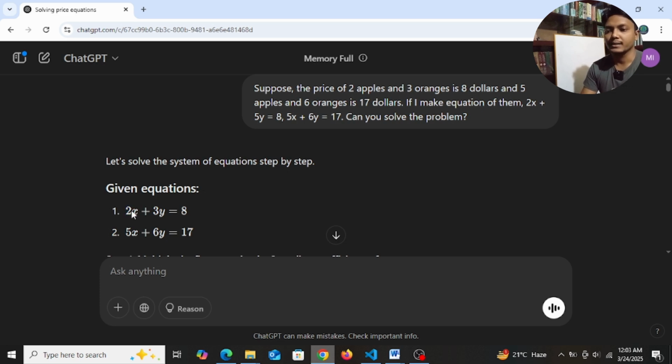We will buy the same number of apples and oranges from both stores, 2, 3, 5, 6. We will spend $8 in the first store and $17 in the second store. Everything would be the same: 2 apples, 3 oranges, 5 apples, 6 oranges, $8 and $17. But we will have the same price for apples and oranges in both stores.